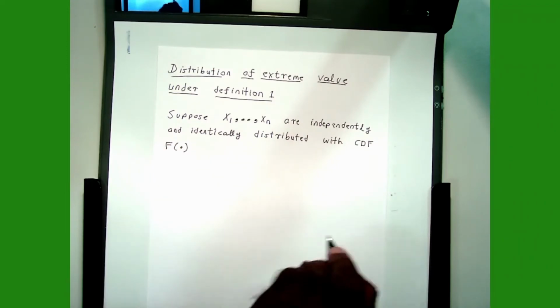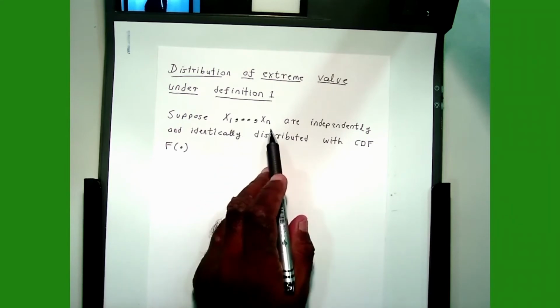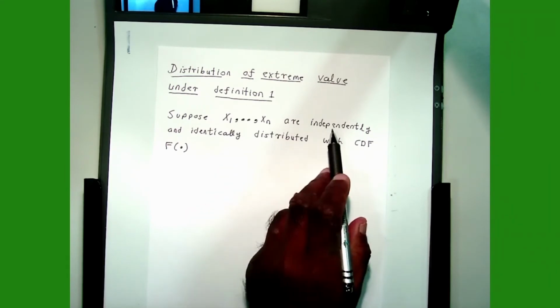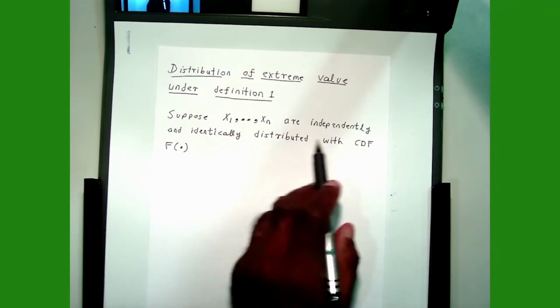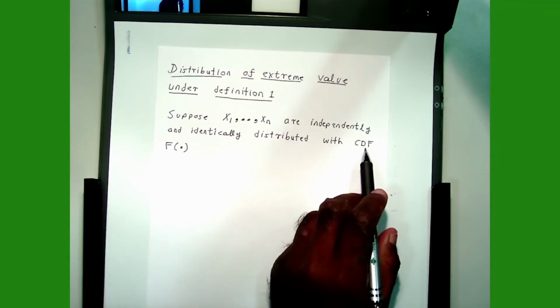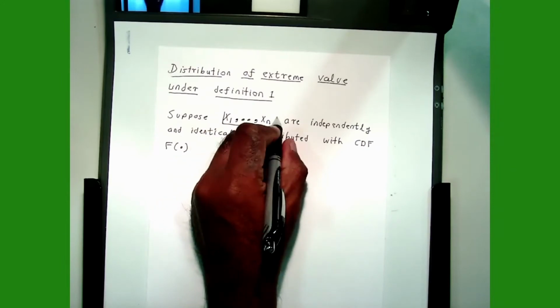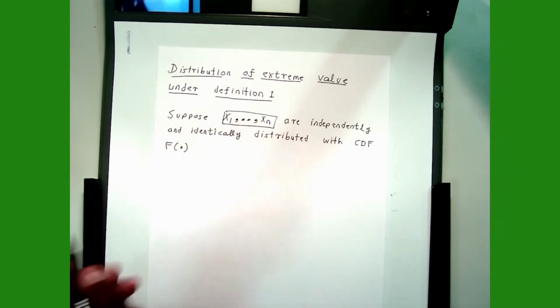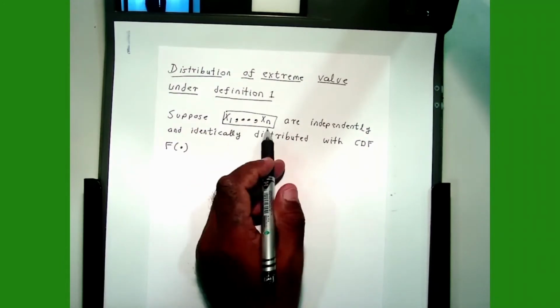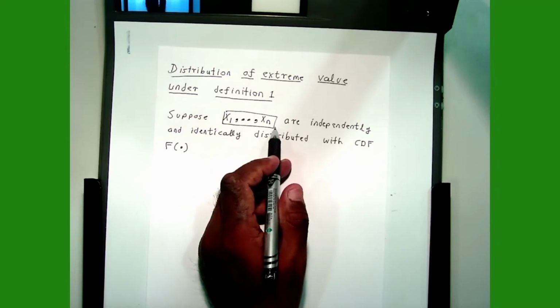Suppose you have a data set x1 to xn which are independently and identically distributed with CDF F. So these are the data points that we talked about in the picture that I showed you earlier. This could be the data values in the 365 days in the year.